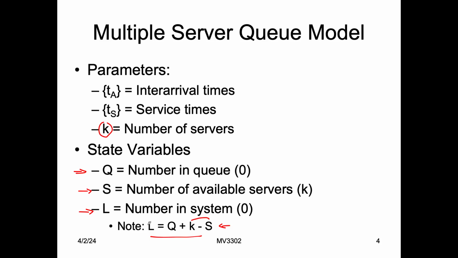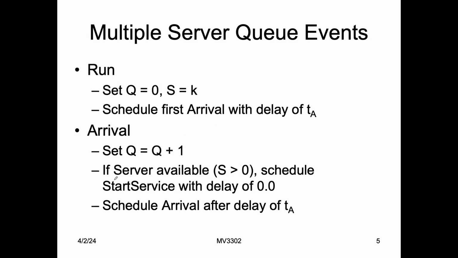If you are keeping separate track of the number in the system, as well as Q and S, the number in the queue and the number of available servers, then that's redundant, and what that means is that they always have to stay consistent. For a model like this, that's fairly straightforward. But for a bigger model, Murphy's Law says at some point, if these two values are supposed to always be the same, they're going to get out of sync. And that has been my experience in 95% of the cases.